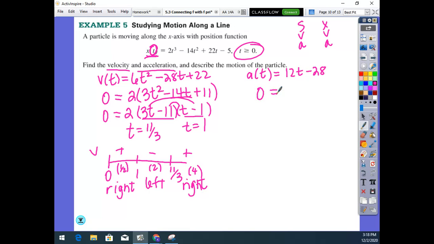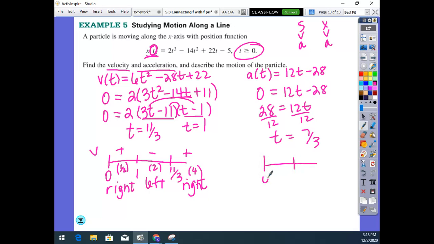All right. So where's your acceleration equal to 0? Just solve for t. 7/3. So 2 1/3, if we plug in 1, that's negative.